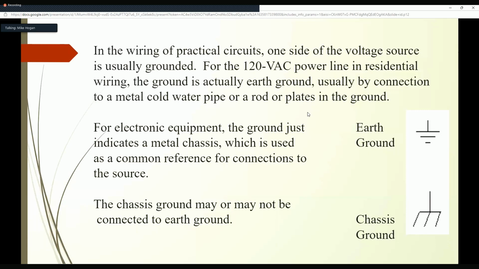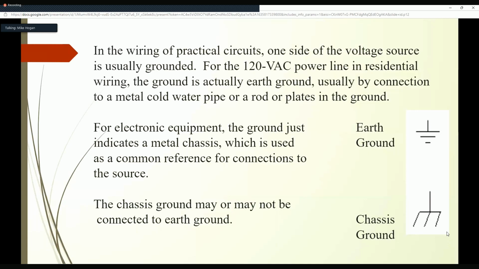What we really want to do with ground is ground these circuits so that if somehow you got across a circuit and you were a secondary path for current flow, there was still a path to ground that was less resistance than you. You've got this earth ground, which looks like a stake that goes into the ground. You've also got this chassis ground.